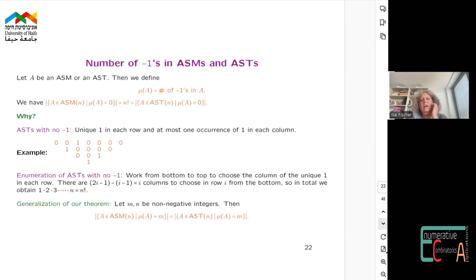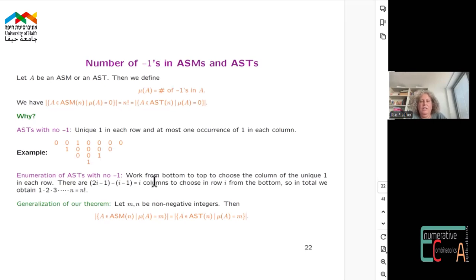So let's look now at the case when there is no -1, both for alternating sign matrices and for alternating sign triangles. For alternating sign matrices, we know that if there is no -1, then this is simply a permutation matrix. And for alternating sign triangles, one can also show that the number is n factorial. And this is what I do on this slide, actually.